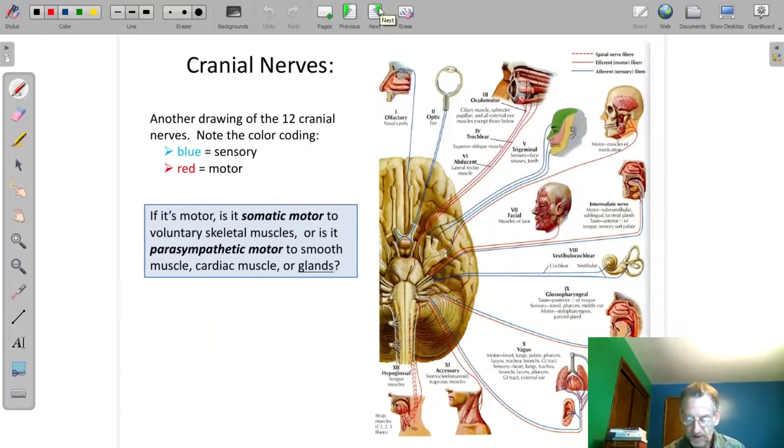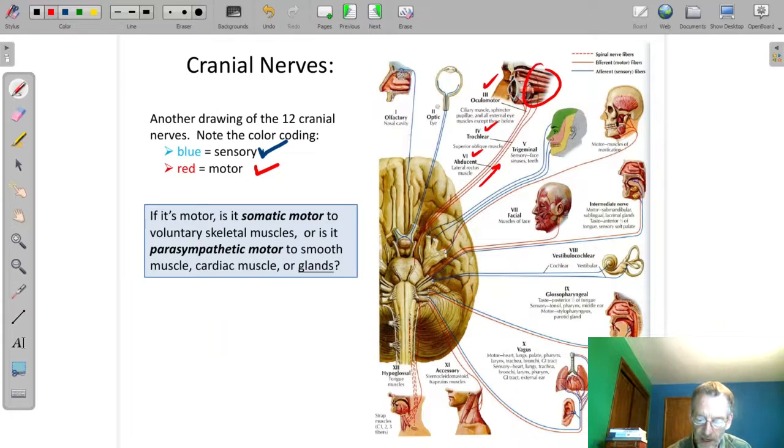Just another picture, different text, basically the same thing. 12 cranial nerves. Here they put the sensory fibers in blue on the illustration, and the motor fibers are in red. So there is 3, 4, and 6, again, all motor only, going to muscles of the eye, extrinsic muscles of the eye.